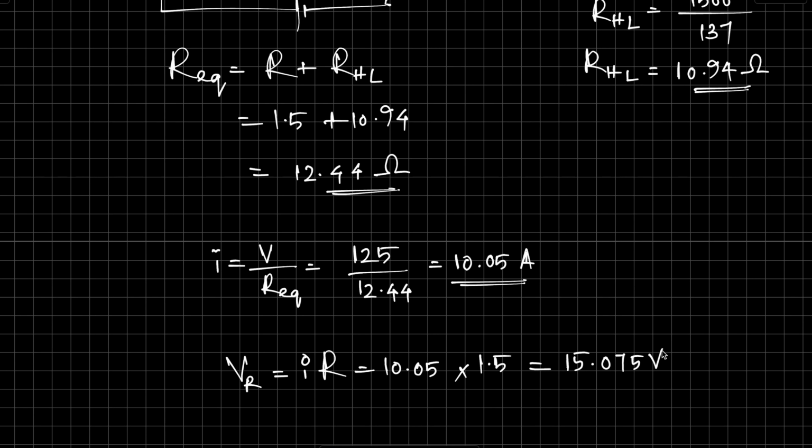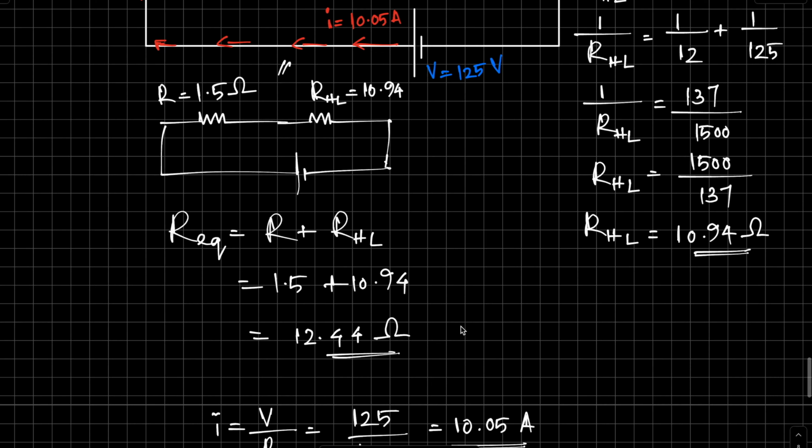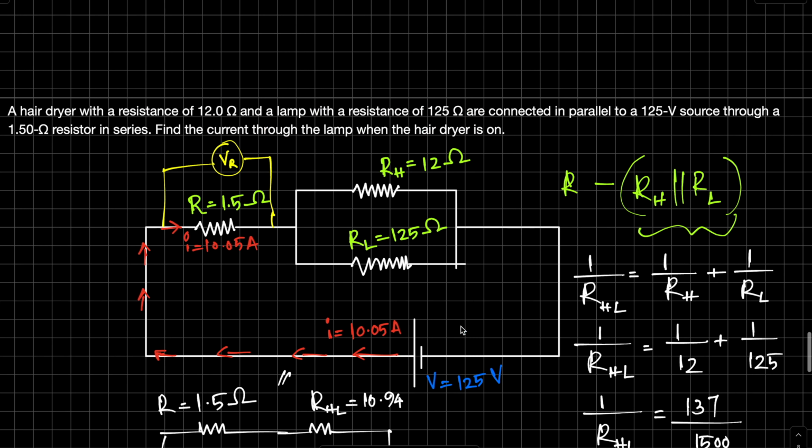That gives 15.075 volts. So the battery is providing 125 volts, and out of 125, 15.075 volts is getting dropped across resistor R.